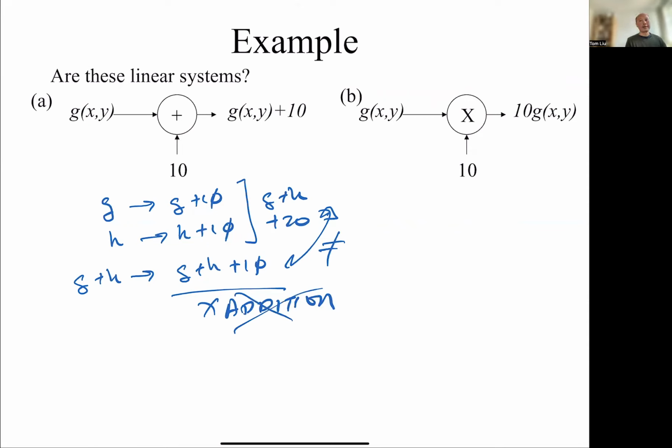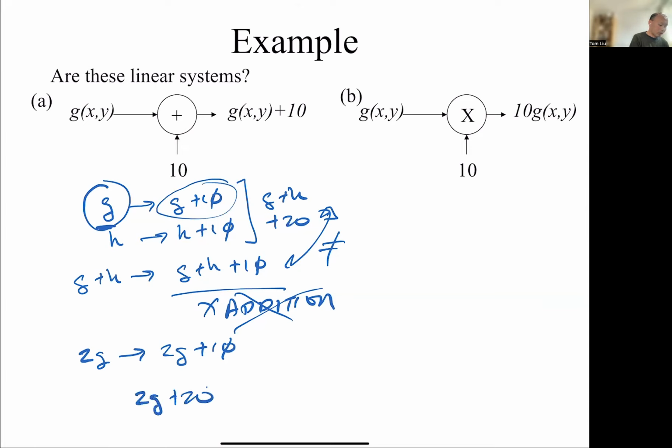Let's see if it satisfies scalar multiplication. We know that G goes to G plus 10, so 2G would go to 2G plus 10. That's what the system says to do. But according to linear scaling, if I multiply G by 2, I should multiply the output by 2, so 2 times that is 2G plus 20.